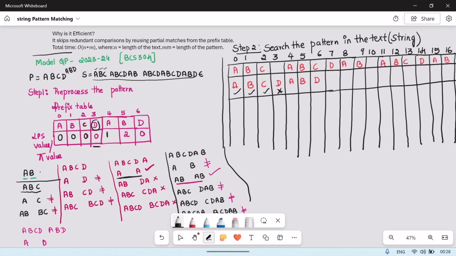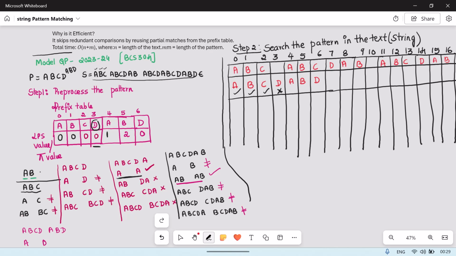LPS value of C is 0. Now, this 0, you identify here. Okay, 0 is here. So, under 0, which element is present? A. A is present.